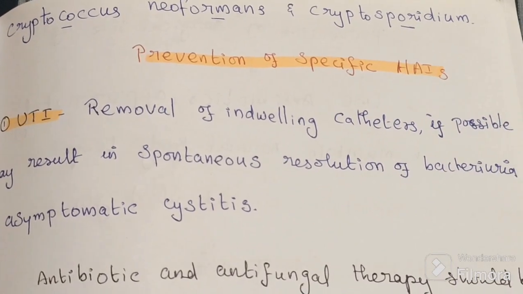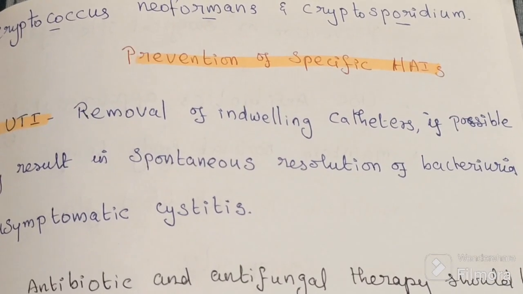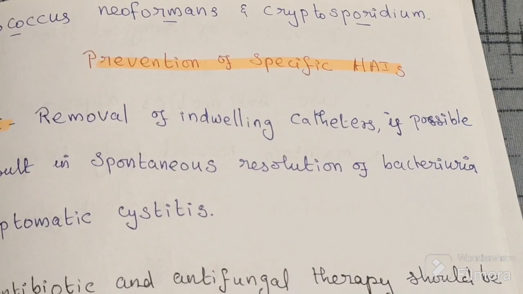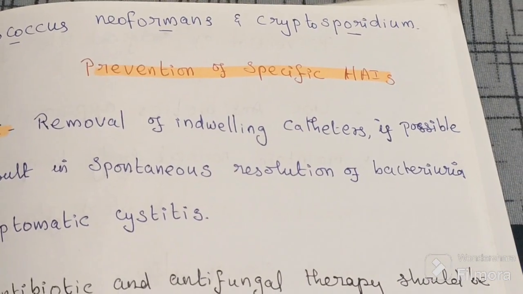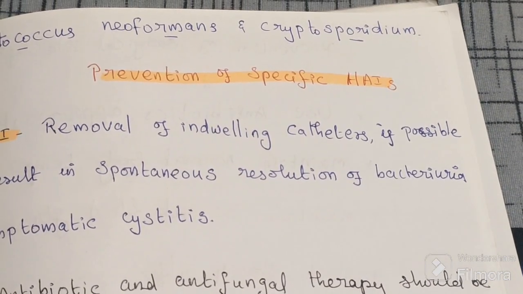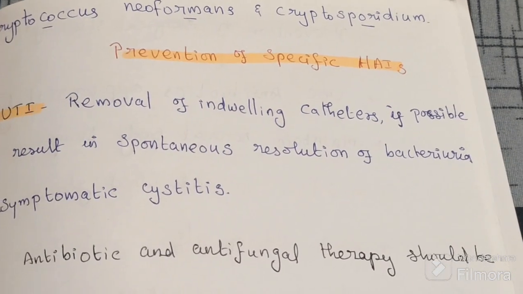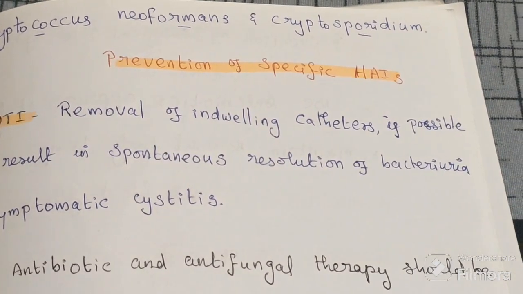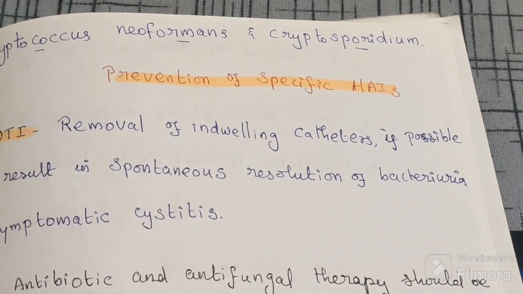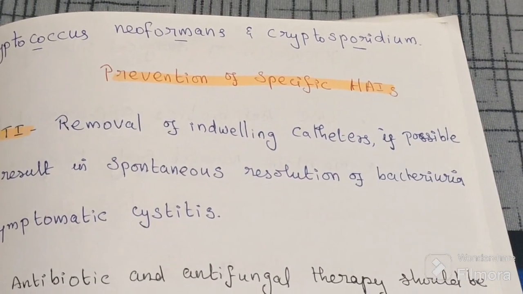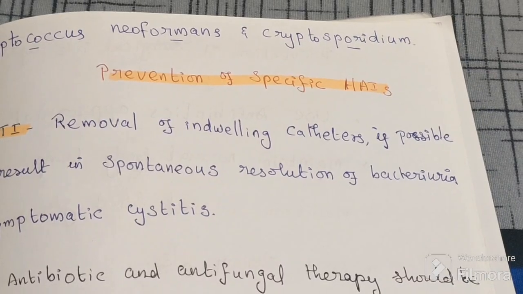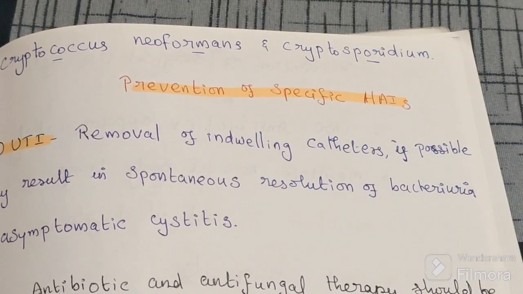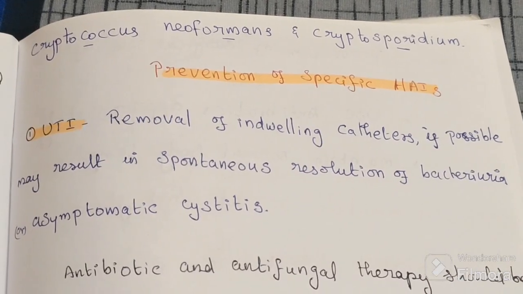Next, prevention of hospital acquired infection. In order to prevent hospital acquired infection, specific policies and practices are recommended. In the case of urinary tract infection, removal of the indwelling catheter, if possible, may result in spontaneous resolution of bacteriuria or asymptomatic cystitis.